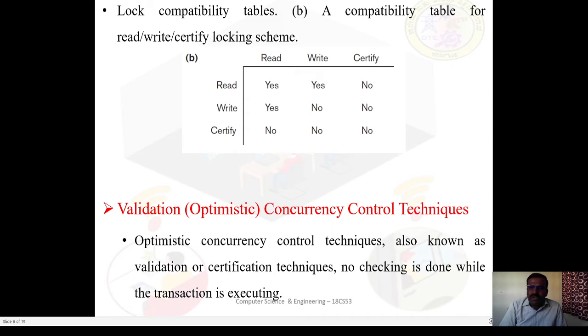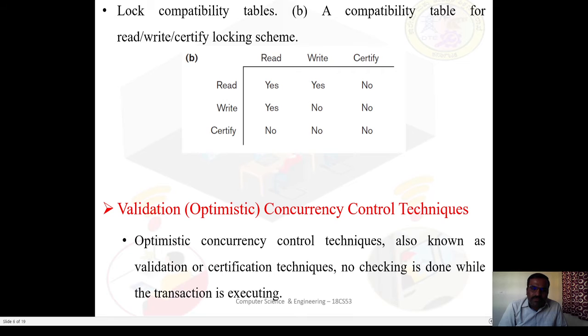The idea behind the multi-version two-phase locking protocol is to allow other transactions T dash to read an item X while a single transaction T holds the write lock on X. This is accomplished by allowing two versions for each item X. One version must always have been written by some committed transaction. The second version X dash is created when a transaction T requests a write lock on the item.